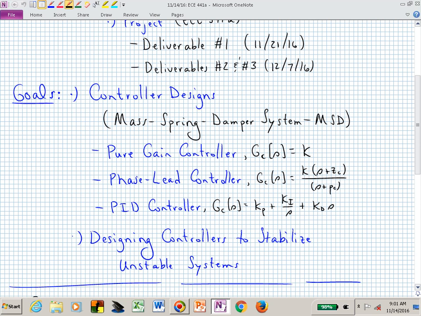And we'll evolve that process from a pure gain controller to a phase lead controller and then into a PID controller.